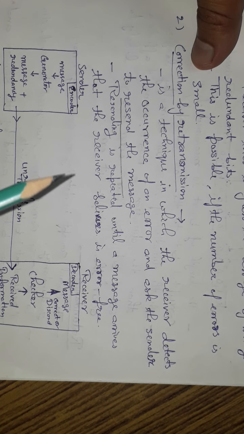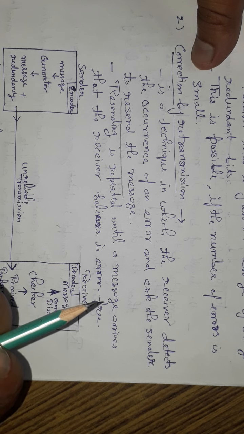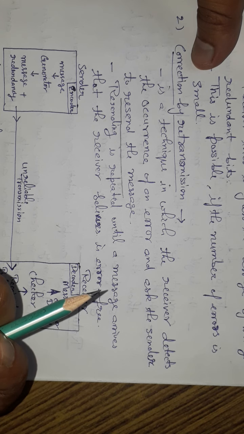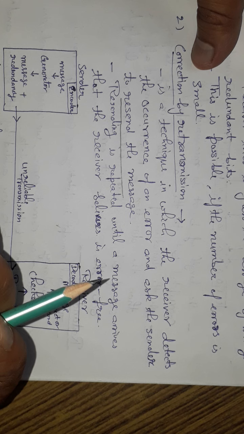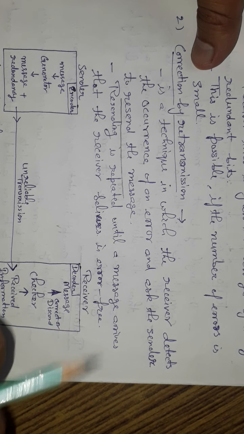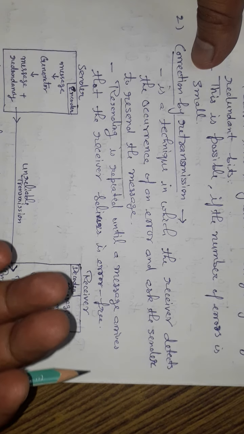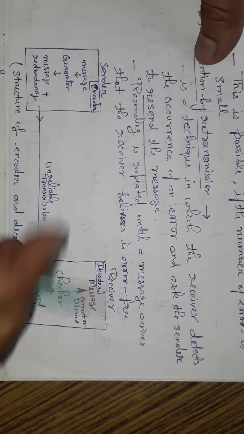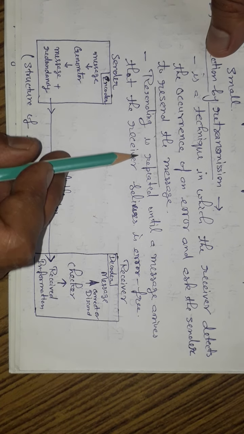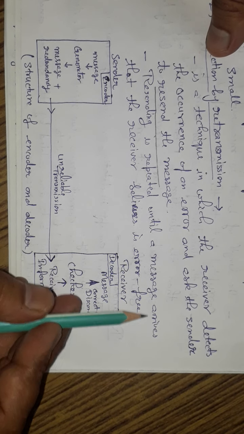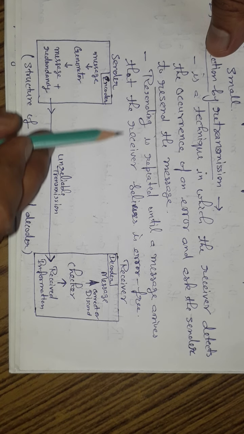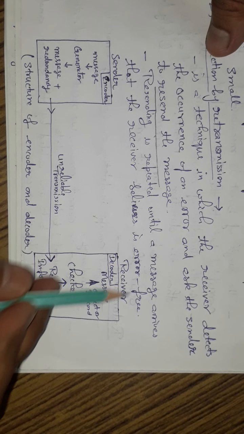The receiver receives the message, detects the error, and if the error is more, then it tells the transmitter to retransmit the message. Resending is repeated until a message arrives that the receiver believes is error free.